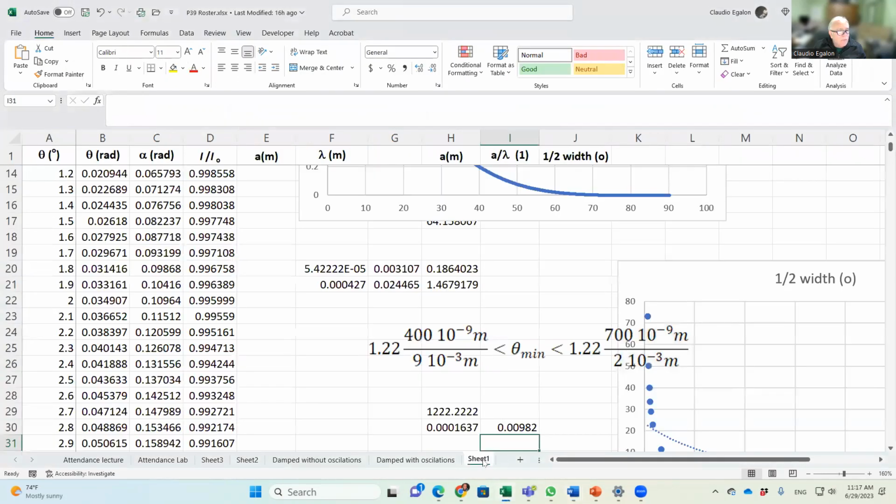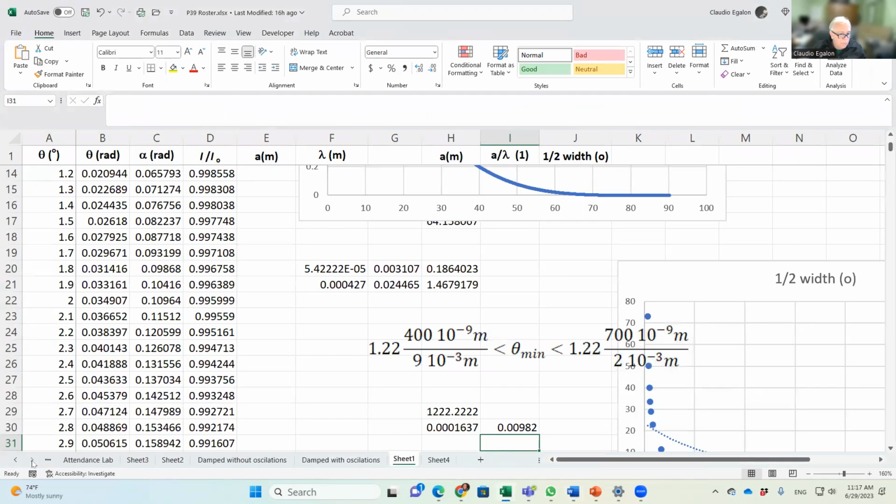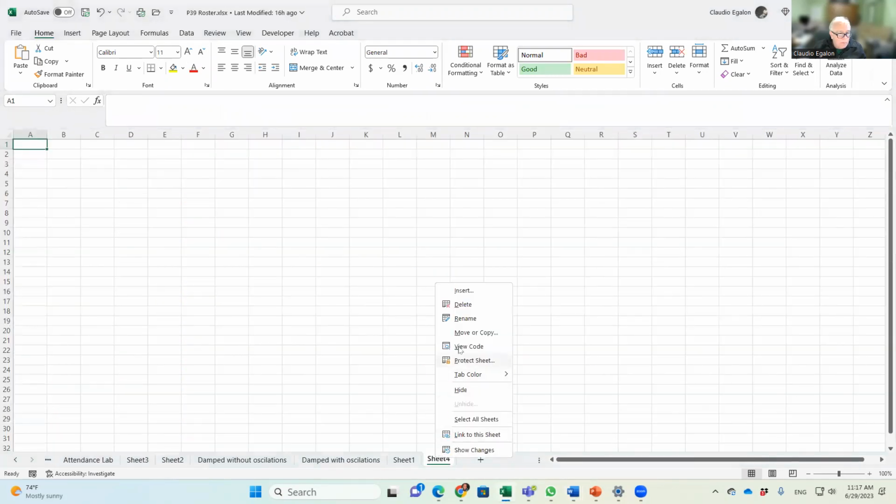We can do that in a rather simple way. Relativity, time dilation.